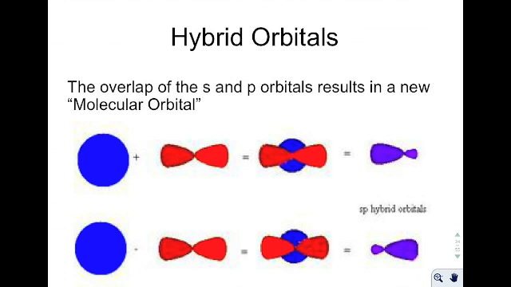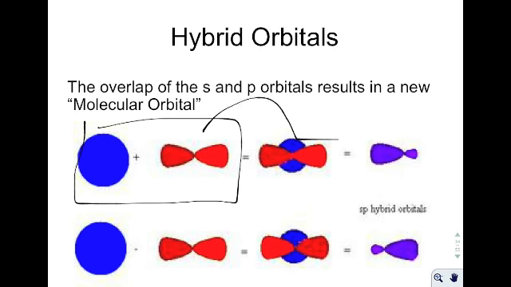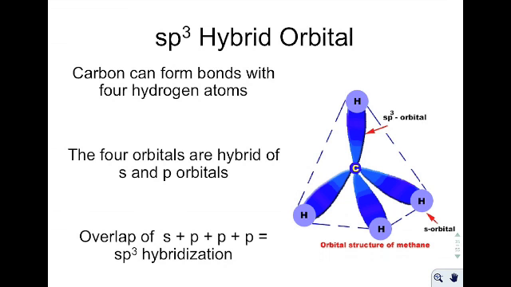Now, the assumption is that when you combine these two shapes, you get a new shape that we predict to be called the hybrid orbital. Now, there's something called an sp3 hybrid orbital. And an sp3 hybrid orbital is what happens with carbon, because carbon can form 4 bonds with four different hydrogen atoms, and so as a result, it's a combination of carbon's s and 3 of carbon's p orbitals together to form the hydrogen orbitals.